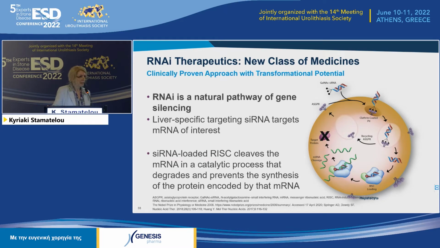This is a new class of medicines using a natural pathway of gene silencing. They target a protein, and by entering the cell and the nucleus, they prevent the synthesis of the protein encoded by that mRNA. So you silence a gene.